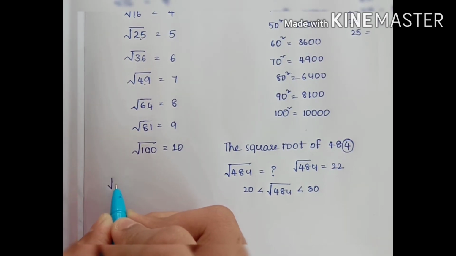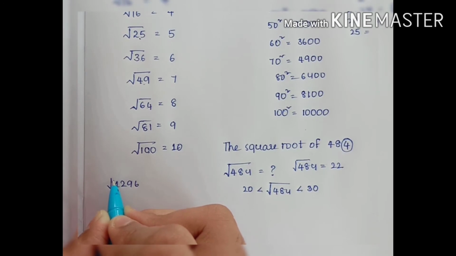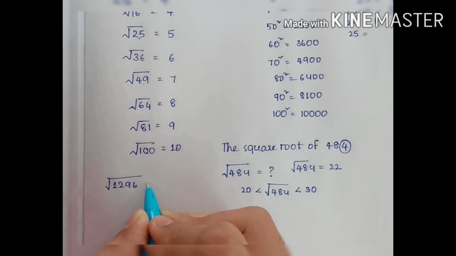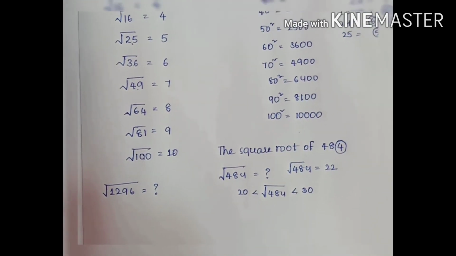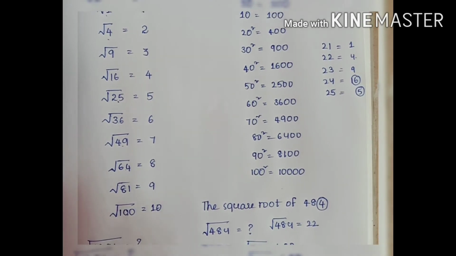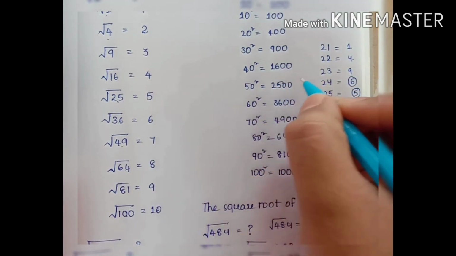We need to find the square root of 1296. Somewhat tougher this time. 1296 is how much? Come back to the values again. 1296 is between 900 and 1600.